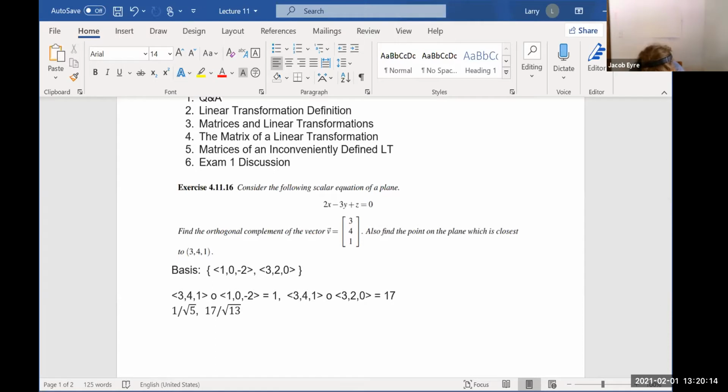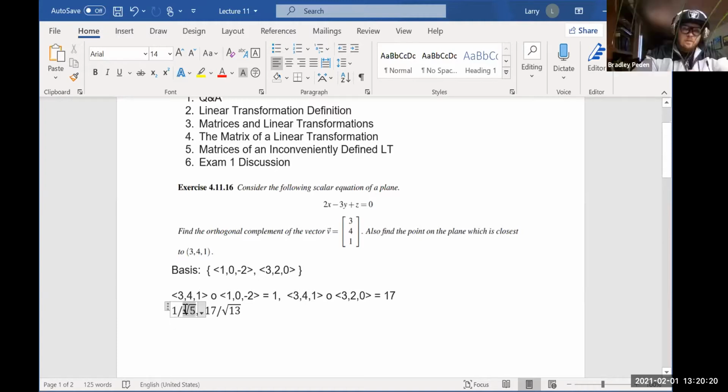We need to square the magnitude on the bottom. Okay, so when you square the magnitude, we just get 5 and then 13. Yep, you get 5. So we get 1/5 and we get 1 over 13.